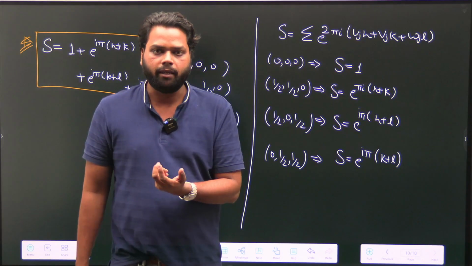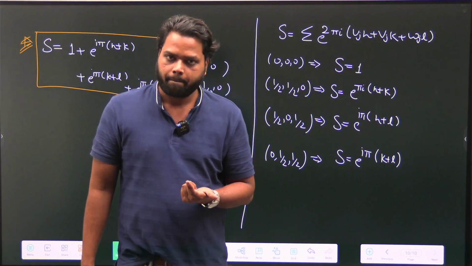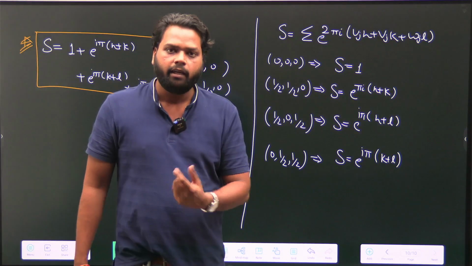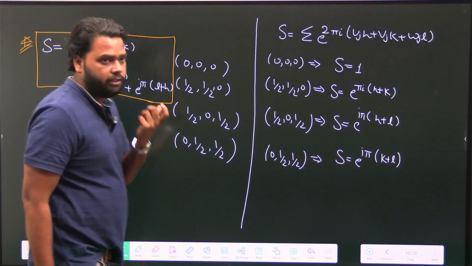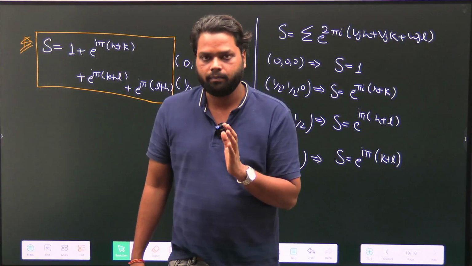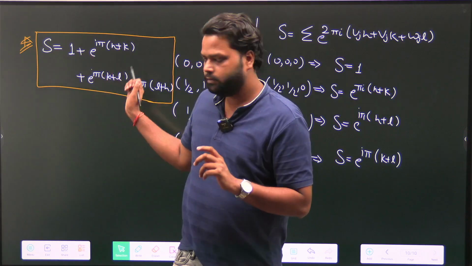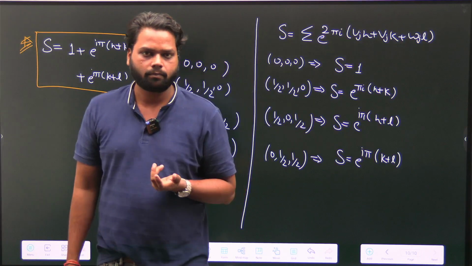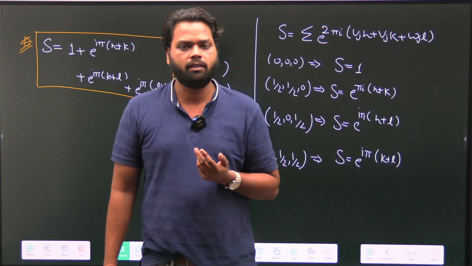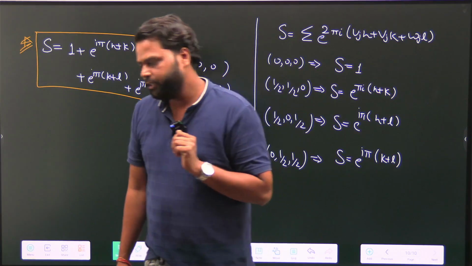What is our ultimate aim? To get the intensity, right? And for the intensity, this S factor, the value of S, should not be 0. That is our main aim. If it becomes 0, then the intensity will be 0, meaning we will not get a diffraction maximum there, right?